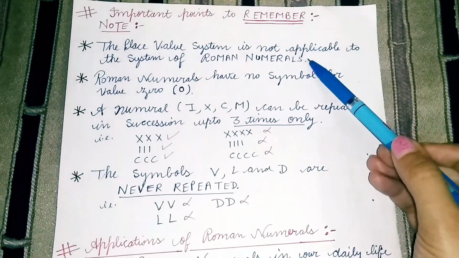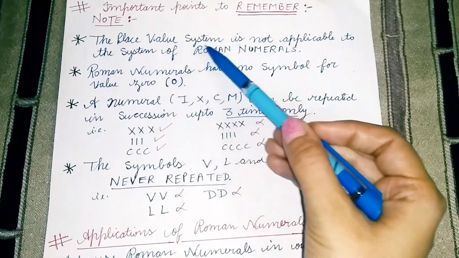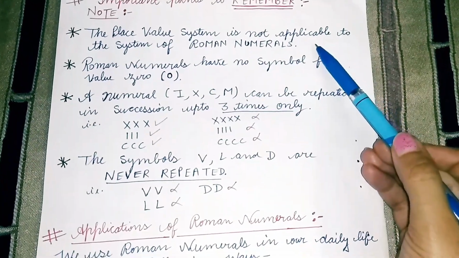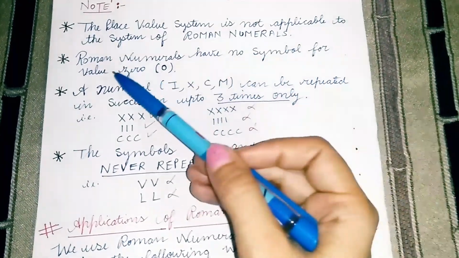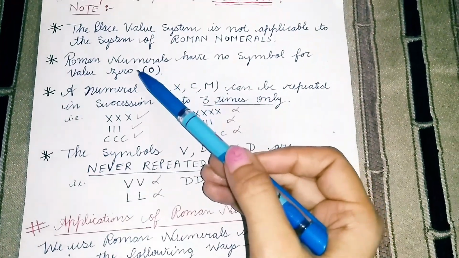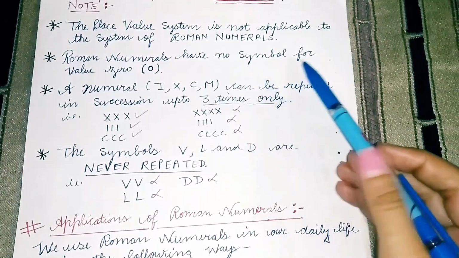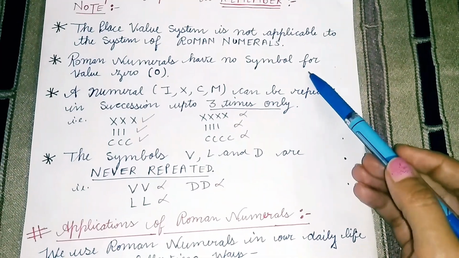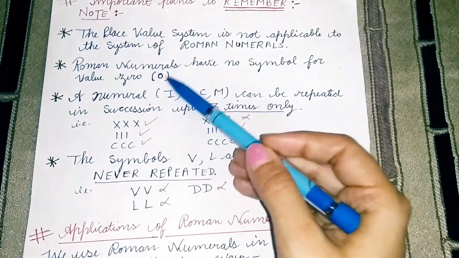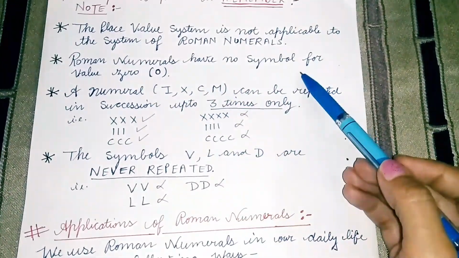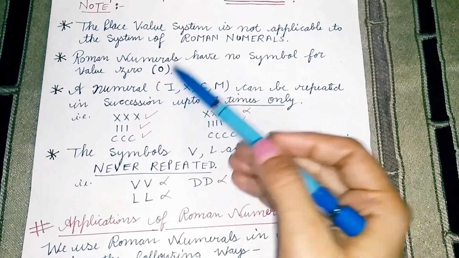But in Roman numerals, the concept of place value system is not applicable. Next point: Roman numerals have no symbol for value 0. So there is no such Roman numeral symbol which has a specific value for 0.